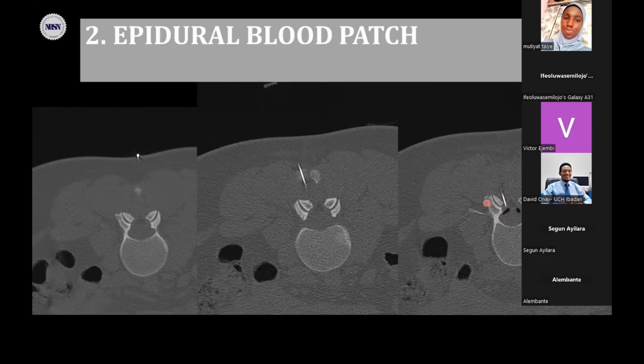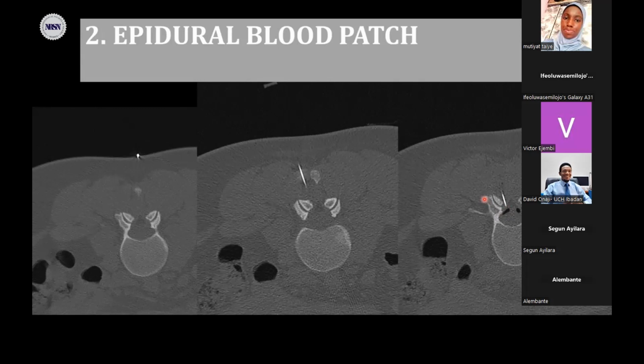One thing to note is that if somebody has symptoms of intracranial hypotension after a lumbar puncture, not SIH, because now we know that it was injected, you wouldn't want to do an epidural blood patch within the first 48 hours.